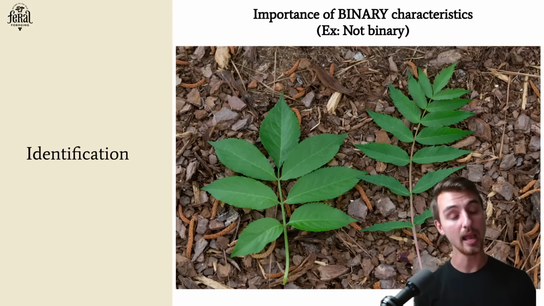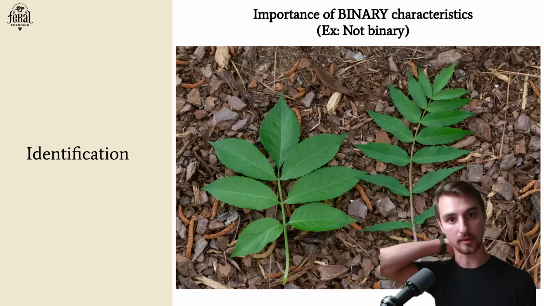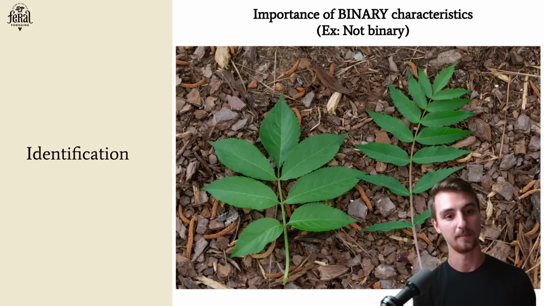Now, for me, I can use this detail because I've seen this plant dozens of times, and I have a frame of reference for what finely serrated is and what broadly serrated is. But when I was starting out, I wasn't able to see that. I didn't have a way to connect that to what the other plants would actually look like.